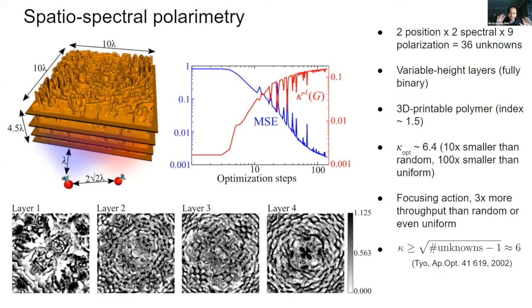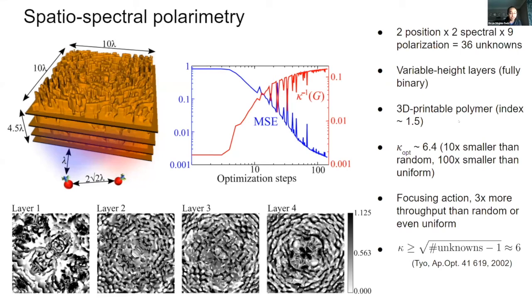So this is a fully nanophotonic, 4.5 micron thick, ultra compact structure. In each layer, the degrees of freedom are basically the variable heights. We had 3D printing in mind, so this kind of geometry is compatible with 3D printing. The material that we used was a 3D printable polymer.